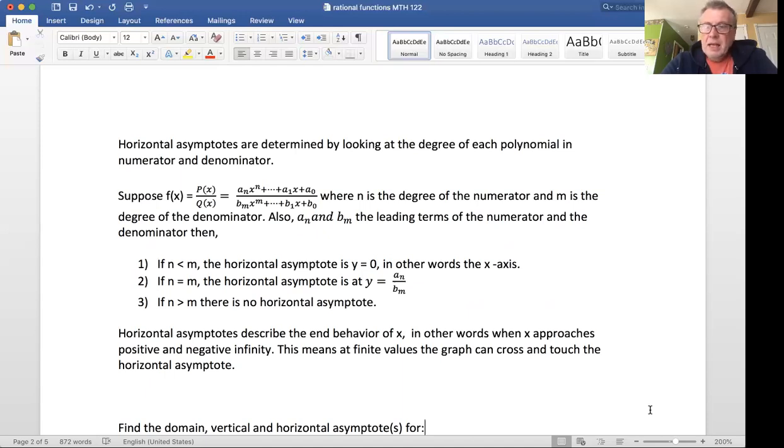If n equals m, in other words, the degree of the numerator polynomial and the degree of the denominator polynomial are equal, then we have a horizontal asymptote at a sub n over b sub m. And if the degree of the numerator is greater than the degree of the denominator, we have no horizontal asymptote.